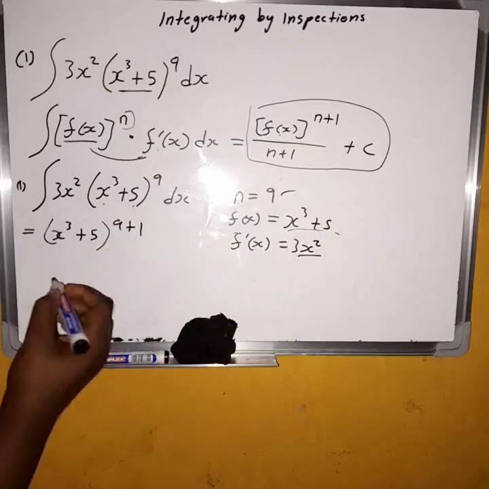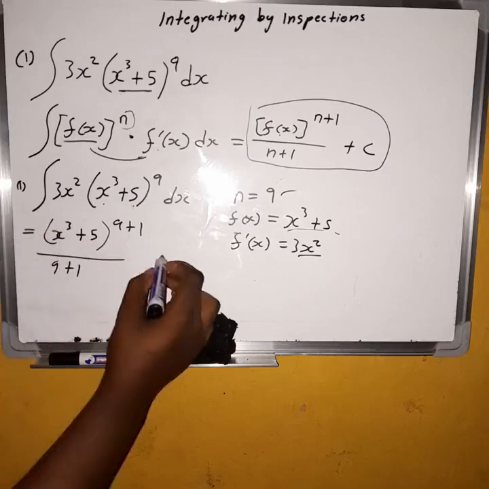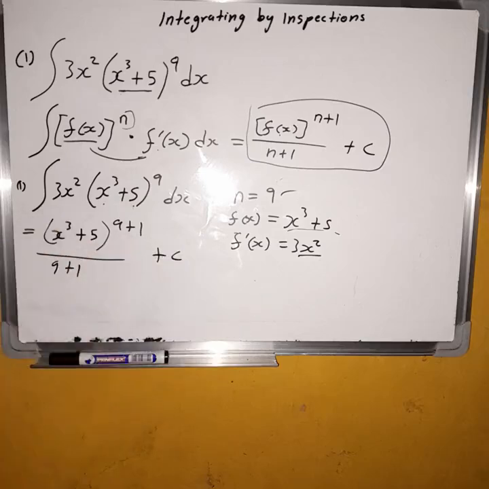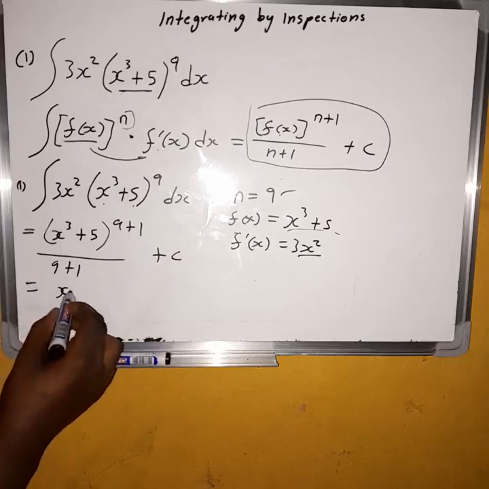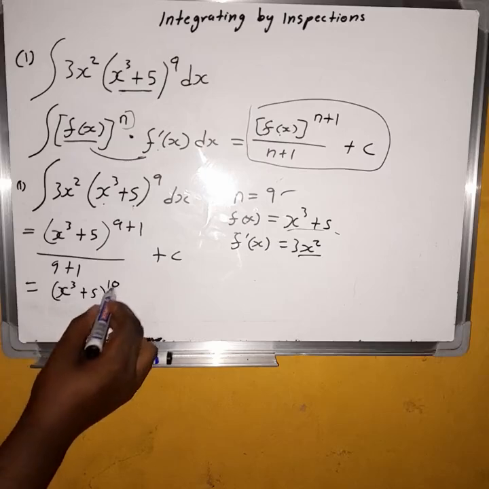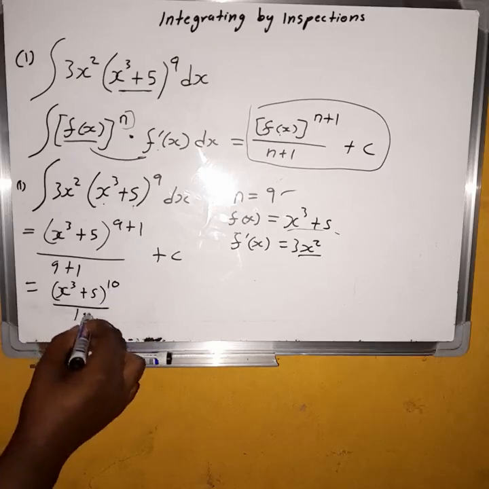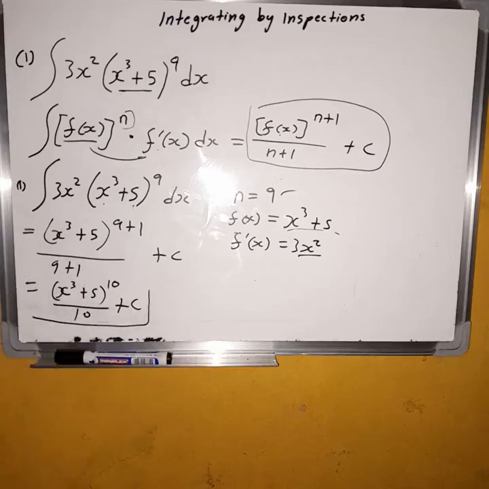We add 1 over 9 plus 1, plus the constant c. If you simplify this further, you will have (x cubed plus 5) to the power 10, over 10, plus c. This is the answer. We use inspection. It's how we apply the inspection method.